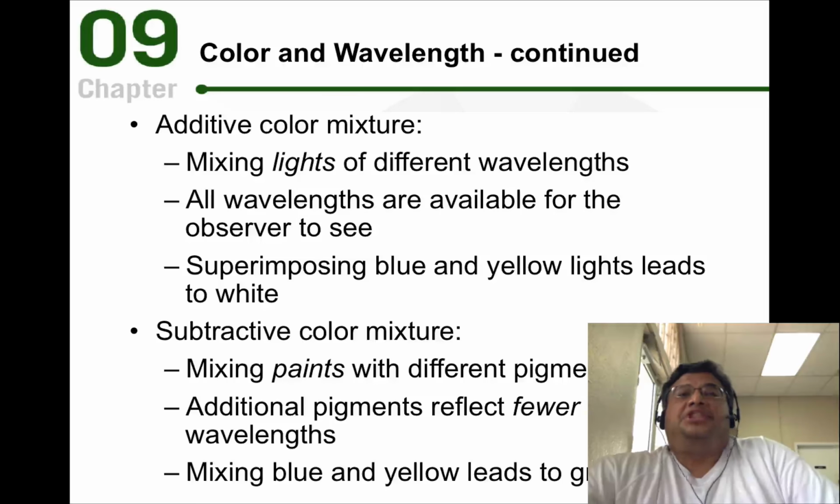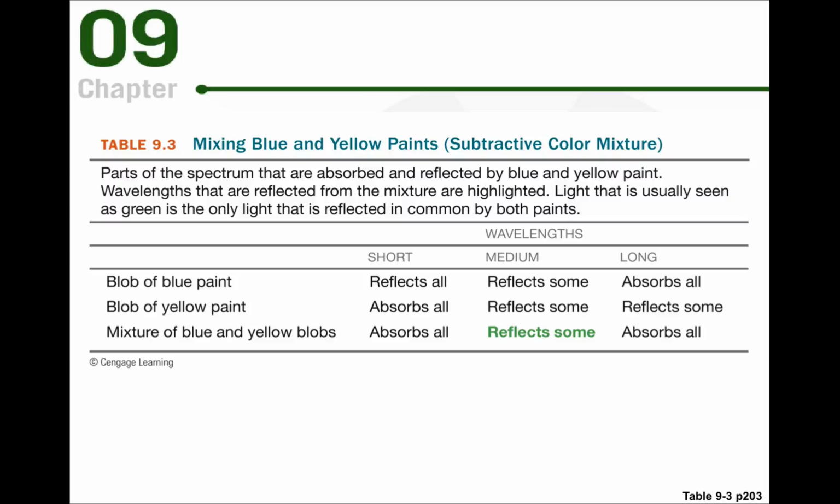When you mix them together, you end up with this substance, the mixture of blue and yellow, where you've got the absorption of all of the short wavelengths, because yellow does that. You've got the absorption of all of the long wavelengths because blue does that.